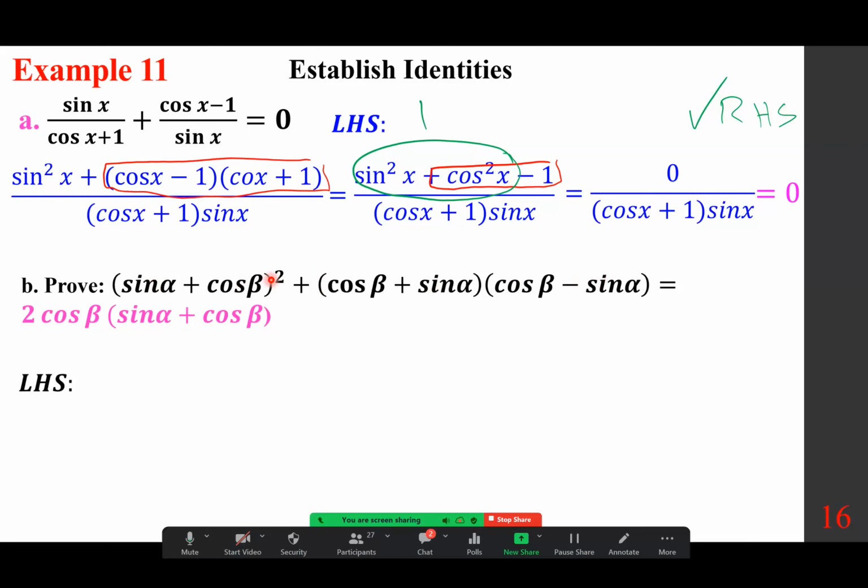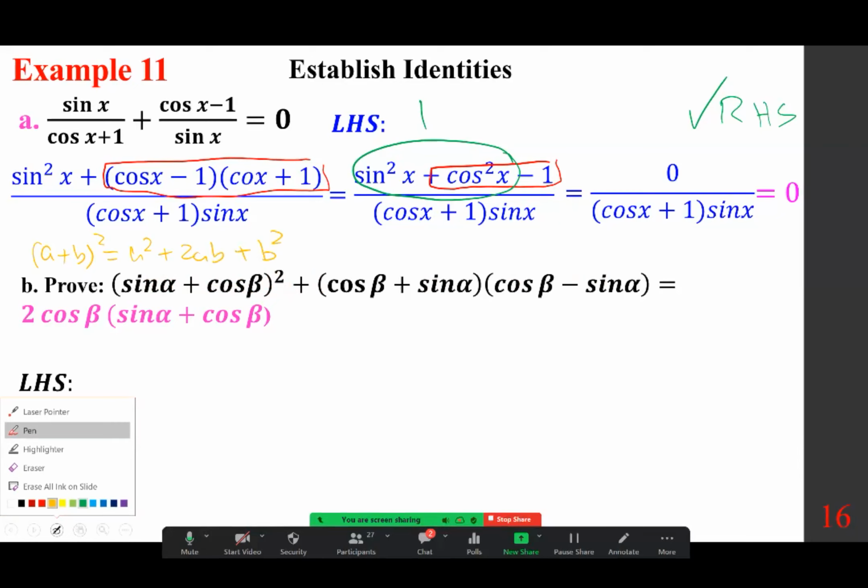We're going to square this: sine squared plus 2 sine cosine plus cosine squared. Again, reminding you that A plus B squared is A squared plus 2AB plus B squared. And if we happen to have a negative sign here, we will have a negative sign here.